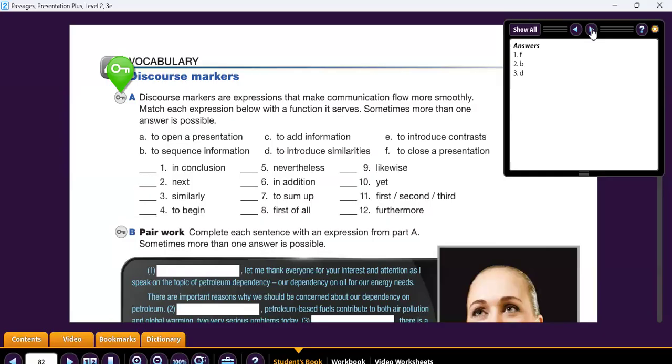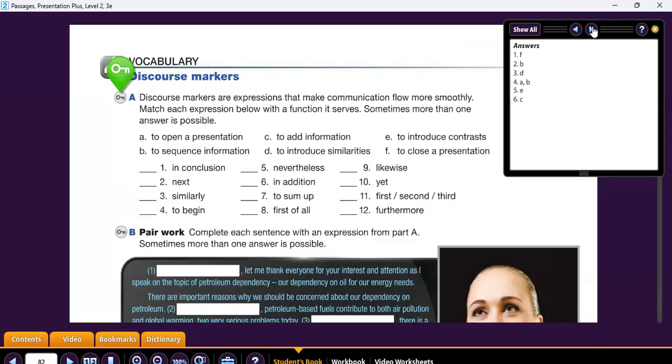To begin, to open a presentation. Nevertheless, I'm not sure what is the meaning of that. This is similar to however, to introduce a contrast. In addition, to add information. To sum up, this is also new to me.